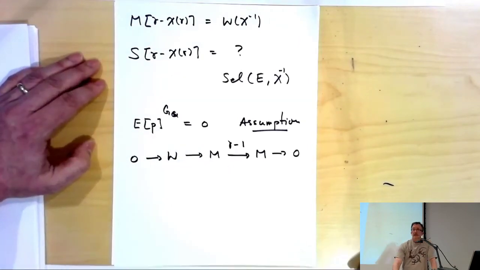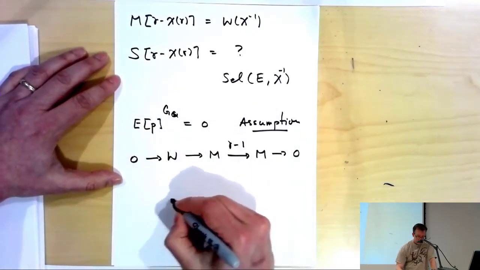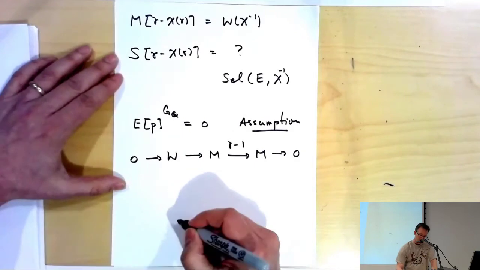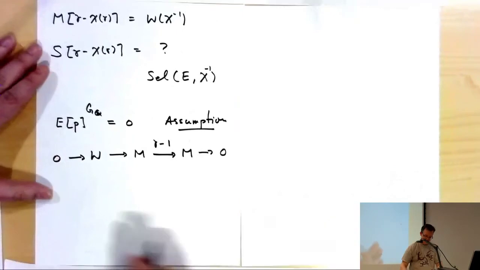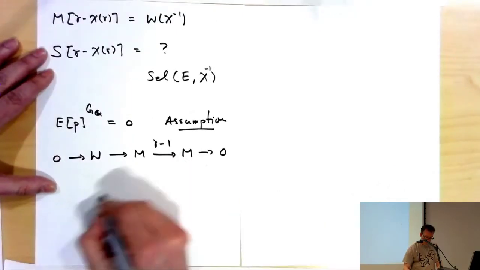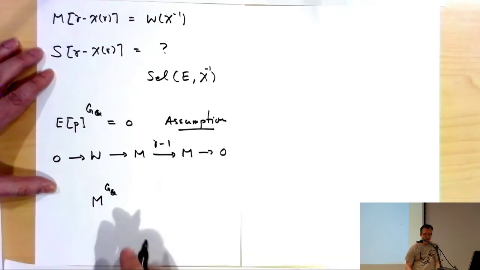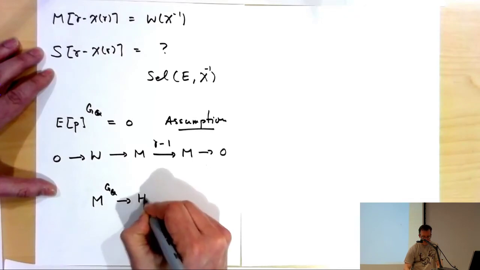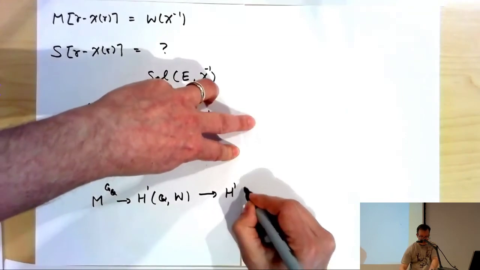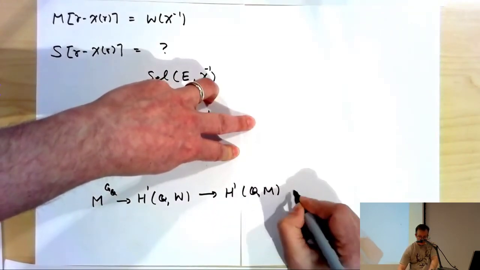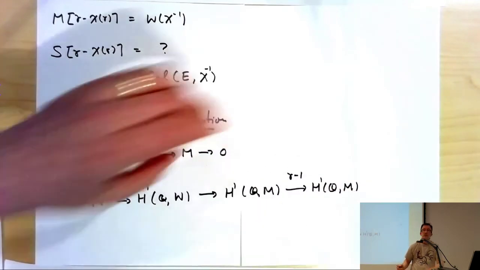So we have a short exact sequence of G_Q modules, and so if we just take the cohomology of this, we'll have a map from the fixed points of M into H^1_Q of W, into H^1_Q of M, and then H^1_Q of M. This is multiplication by gamma minus 1.